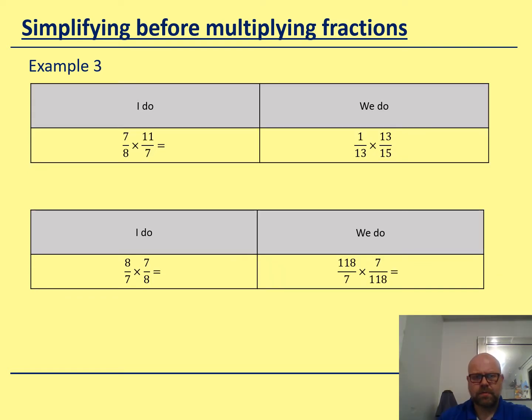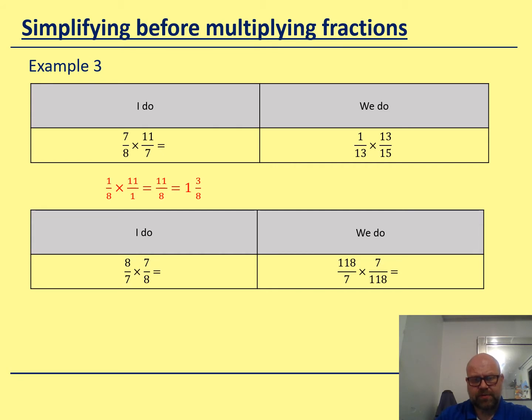Okay, next one. On this slide we've got 7/8 multiplied by 11/7. So I've got a 7 on the numerator of the first fraction and a 7 on the denominator of the second fraction. Those two 7s, 7 divided by 7 is 1, so they will cancel out with each other, leaving 1s, and you should get an answer of 1 times 11 over 8 times 1, which is 11/8.